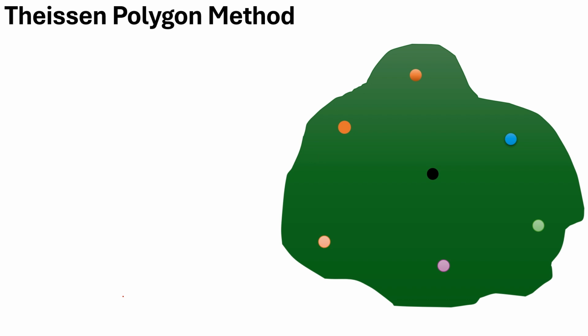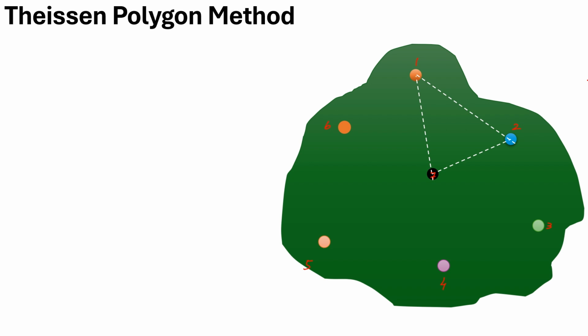For this, you can see here there are 7 stations in this network, and over this catchment area we will simply connect these rain gauges. Let us say this rain gauge is number 1, this is 2, 3, 4, 5, 6, and 7. To connect these rain gauges, we will need non-intersecting triangles.